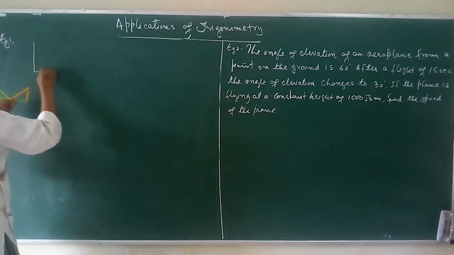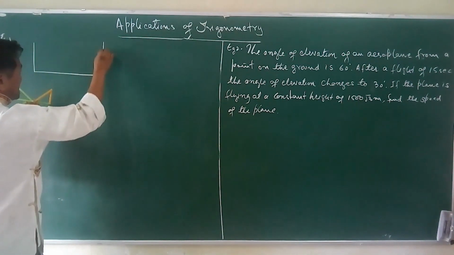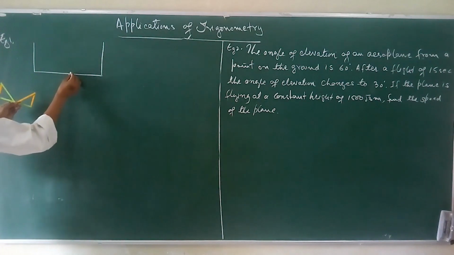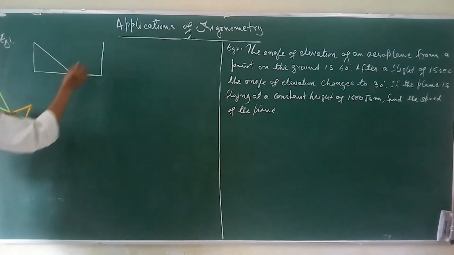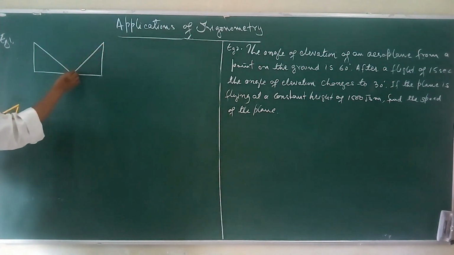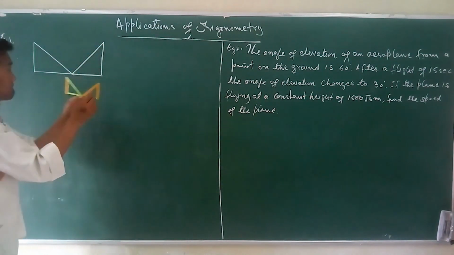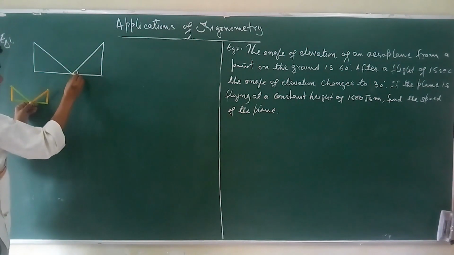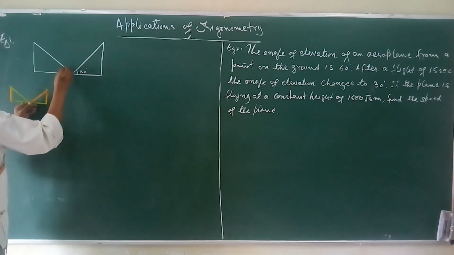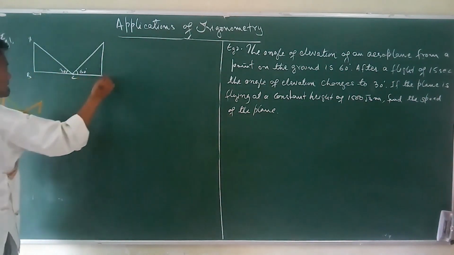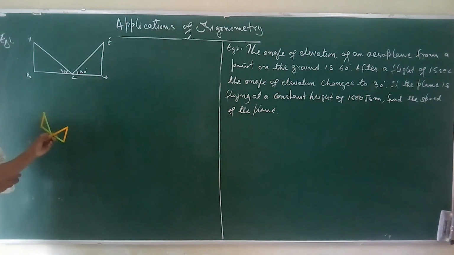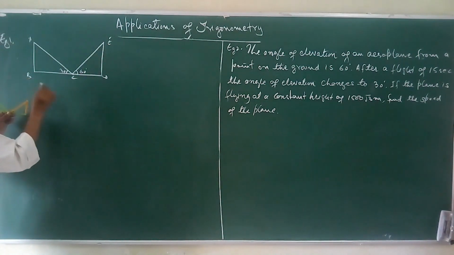Two of these angles are given: 60 degrees and 30 degrees.